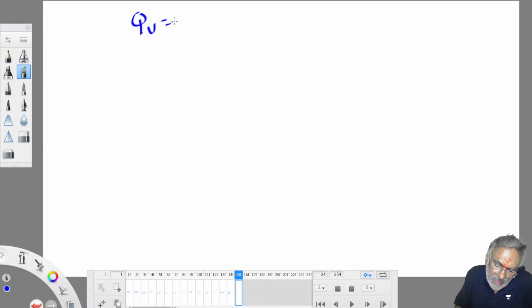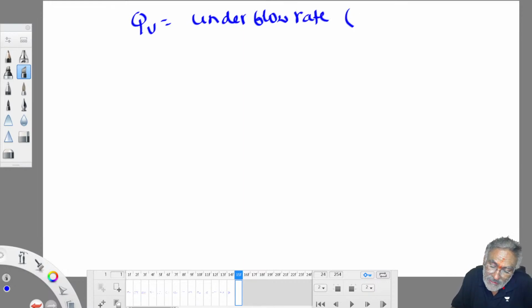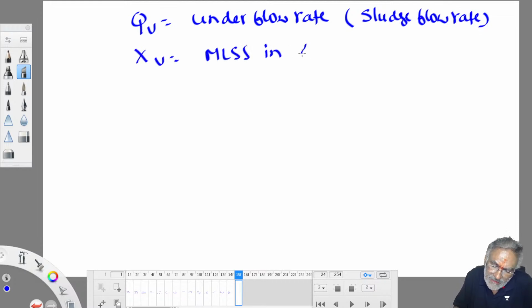QU is nothing but underflow rate. So what is withdrawn from the bottom of the sedimentation tank, secondary clarifier, sludge, which is nothing but sludge flow rate. Okay? XU is equal to MLSS in sludge. Okay? Q, XU.